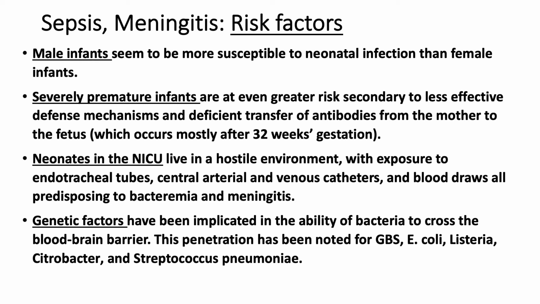Neonates in the NICU live in a hostile environment with exposure to endotracheal tubes, central arterial and venous catheters, and blood draws, all predisposing to bacteremia and meningitis. Genetic factors have been implicated in the ability of bacteria to cross the blood-brain barrier. This penetration has been noted for group B Streptococci, E. coli, Listeria, Citrobacter, and Streptococcus pneumoniae.